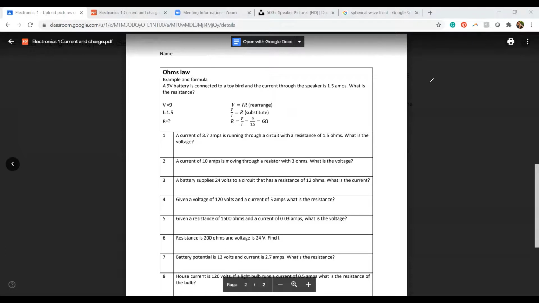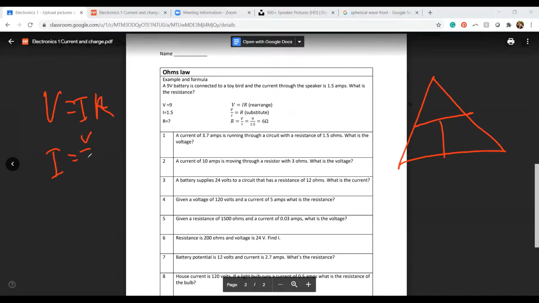A quick point here, I wanted to show you guys. Now, you don't actually need to know this, but if you are really bad at rearranging your formulas, if you go V equals IR and you can't jump to I equals V over R easily, then you might want to think about using this.